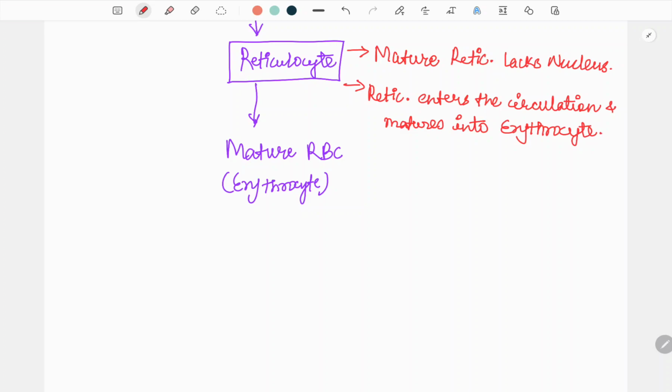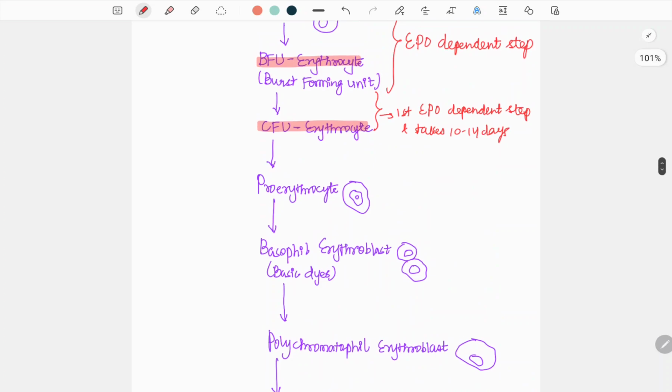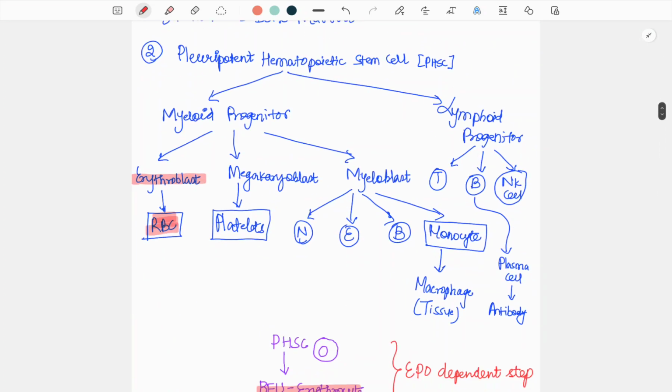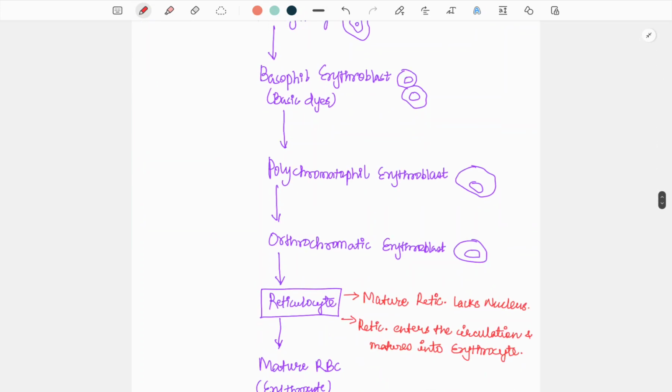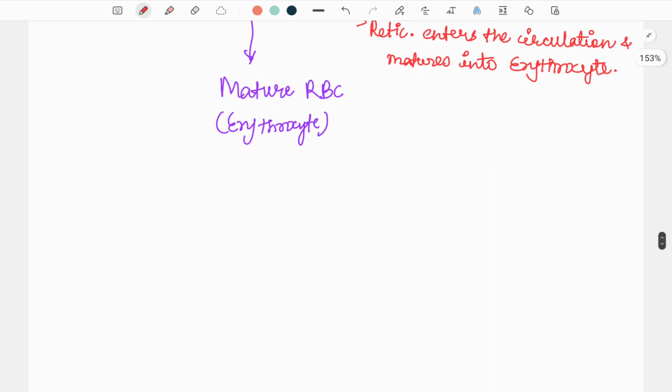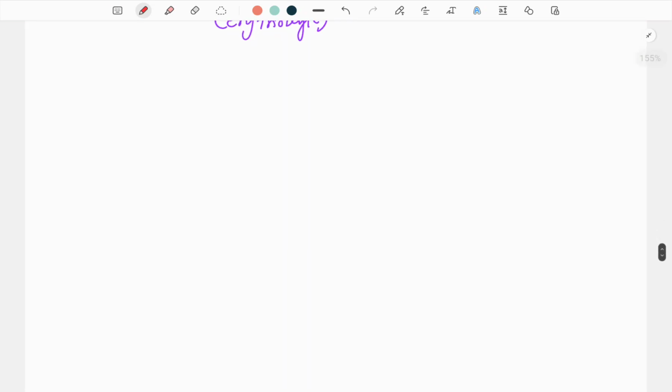Fine. These are the things which you should know. So we have seen the sites, we have seen the steps. Now, third thing is the definition of anemia.